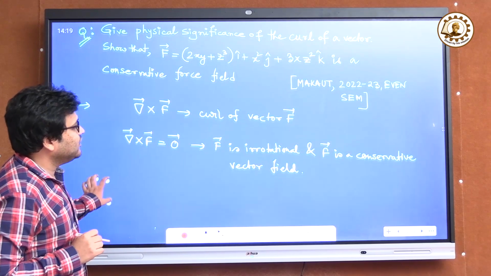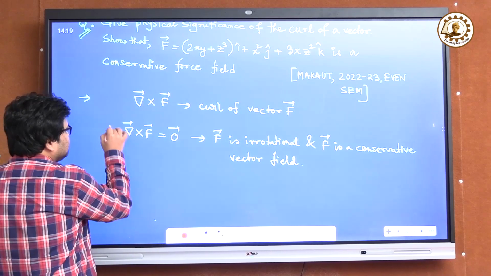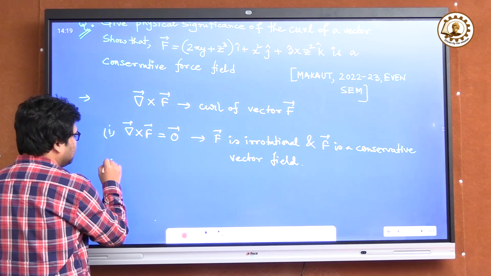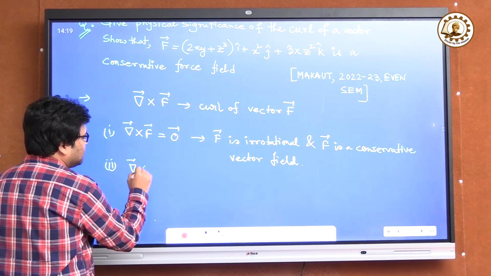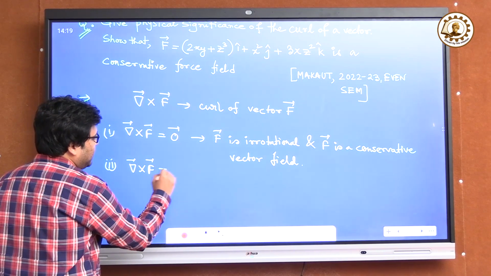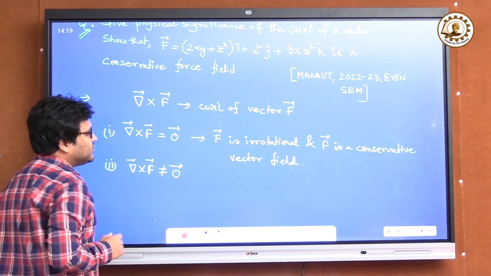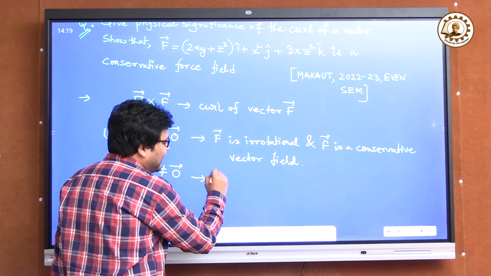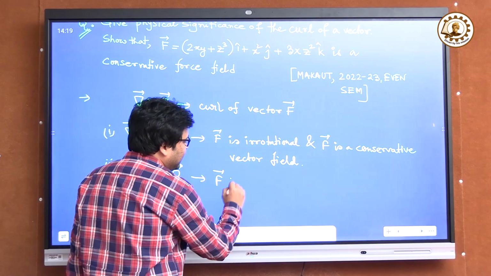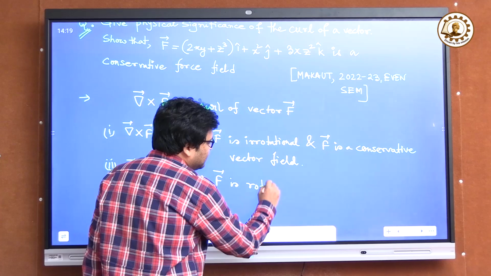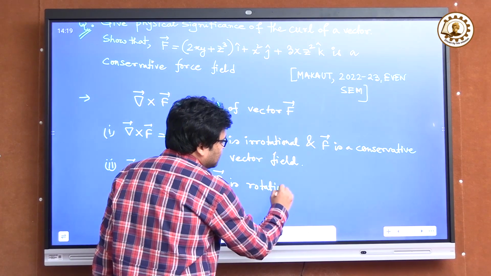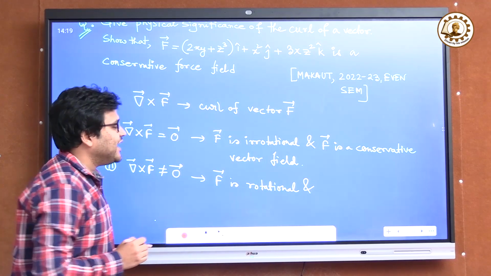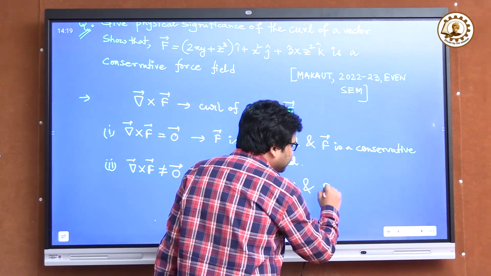Okay. Now, if curl of vector F is not 0, it is non-zero, then it represents that F vector is rotational, and it also signifies that F vector is non-conservative.